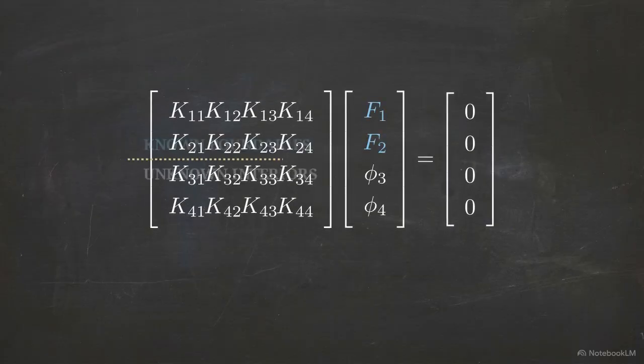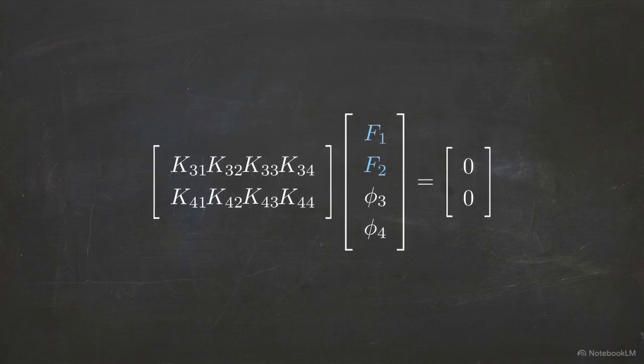To separate them, we use matrix partitioning. The solver slices the matrix horizontally, dividing the equation into two distinct sets. The first partitioned equation isolates rows associated with the known boundary variables, F1 and F2. The second partition isolates rows containing our unknowns, phi3 and phi4.